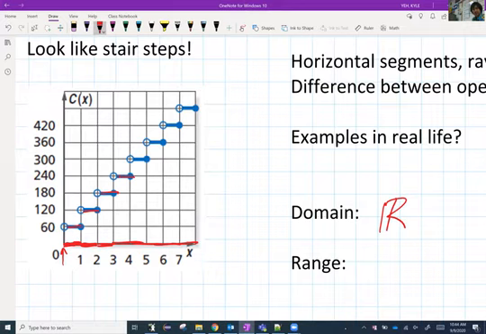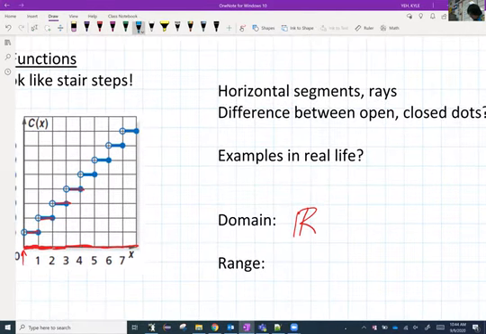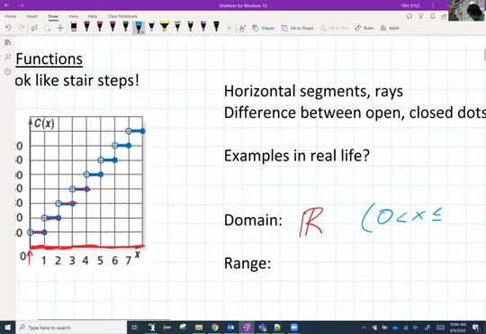Also worth mentioning is, had we been given the context to this problem, had we been told the scenario that generated this graph, we might say that the domain is, I'll change colors, 0 is less than x is less than or equal to 8.